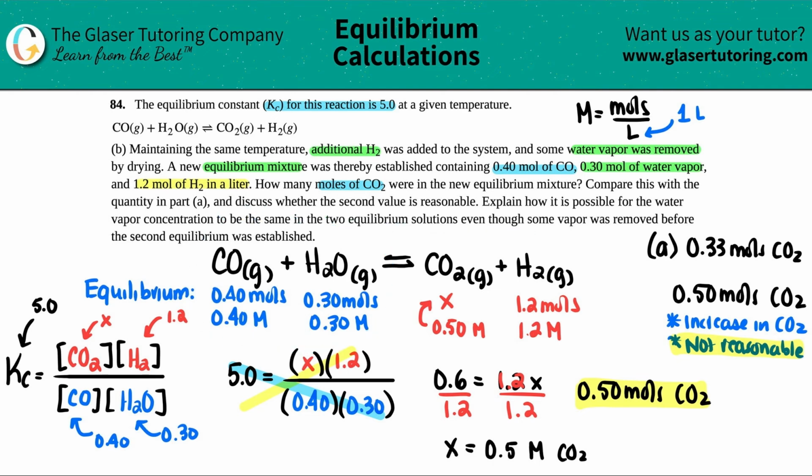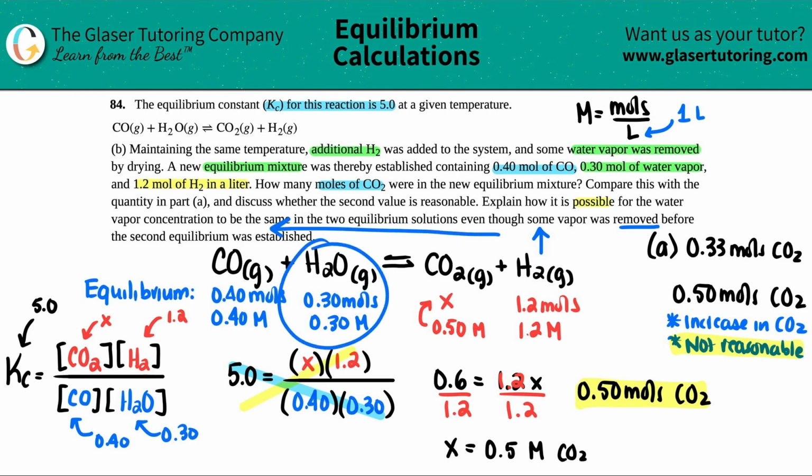Now it says, explain how it is possible for the water vapor concentration to be the same in the two equilibrium solutions, even though some water vapor was removed before the second equilibrium was established. Well, this was basically the same exact idea that we just discussed here, right? If you add H2, you will shift to the left.